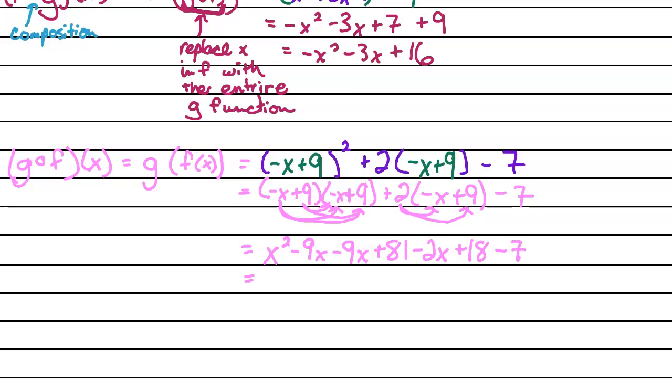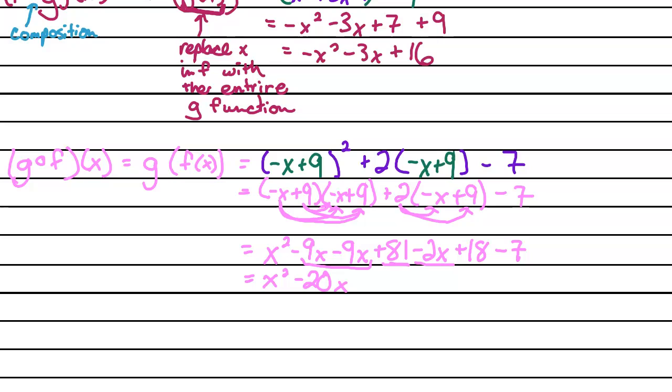And then I combine like terms. So I have an x squared, negative 9x and negative 9x would give me a negative 18x. And then I have a minus 2x, so I actually have a negative 20x.